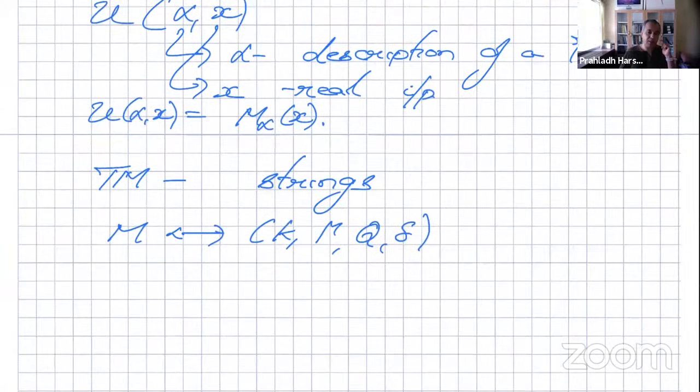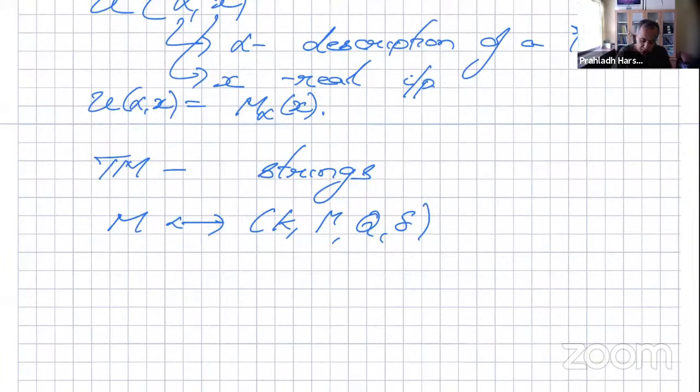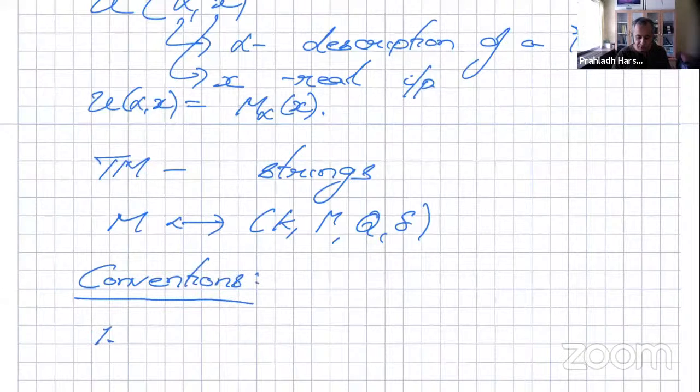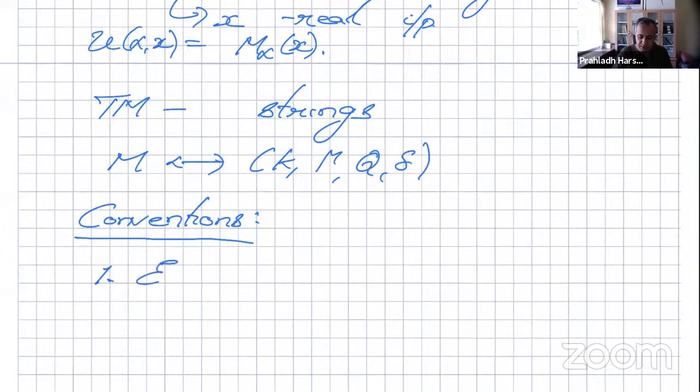We'll make some simplifying conventions, which will simplify proofs later on. Every string corresponds to some Turing machine.